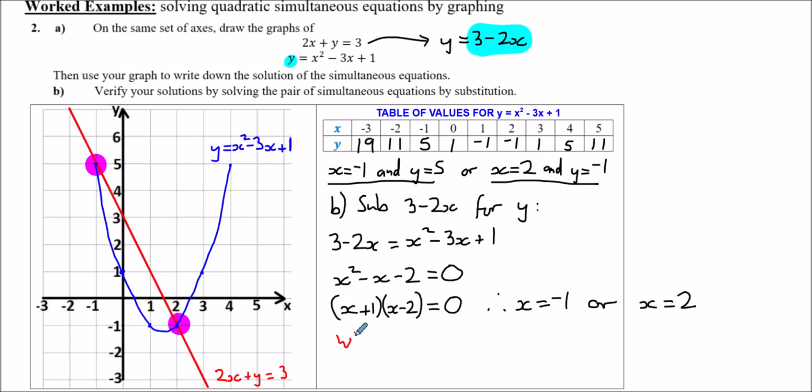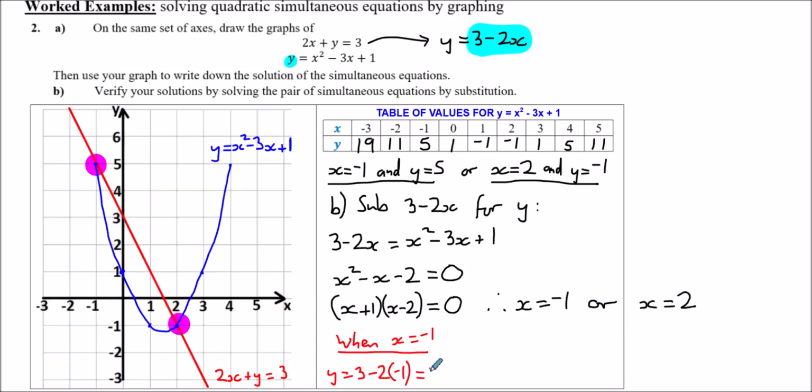So let's just think about when x is equal to minus 1. We can use this equation here for y. So when x is equal to minus 1, y is going to be 3 minus 2 lots of minus 1. 2 lots of minus 1 is minus 2.